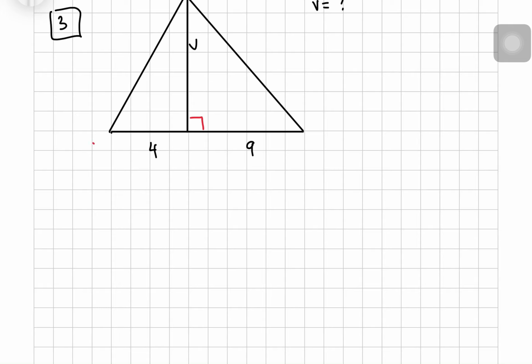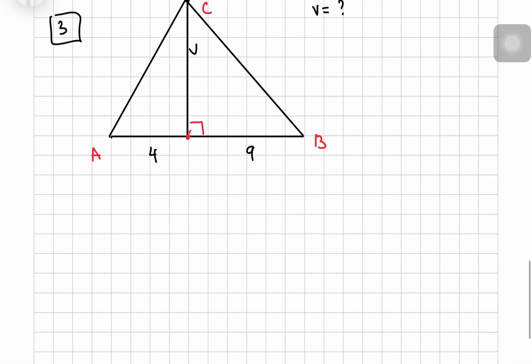So B is the height, if you want so, on the base AB. And we need to find the length of B, provided that this height divides AB into two parts, 4 and 9.